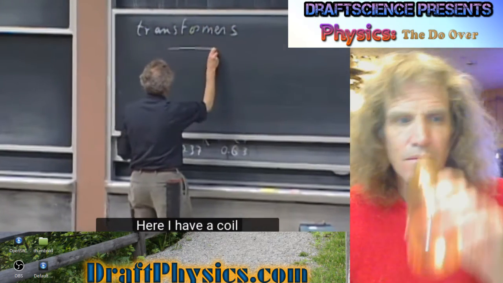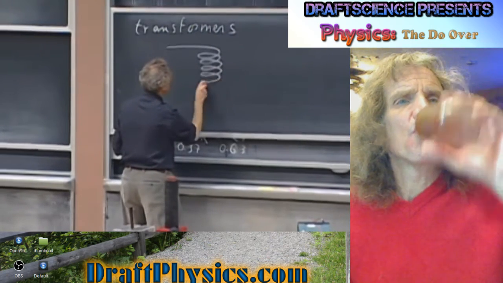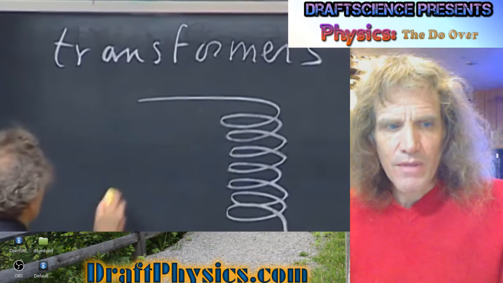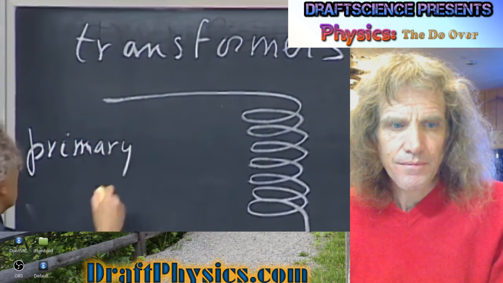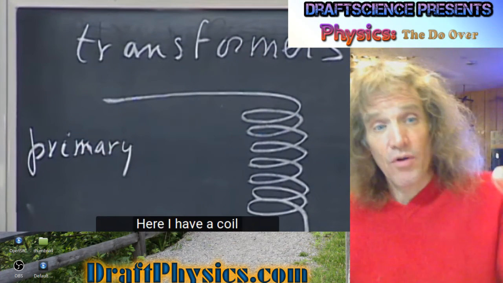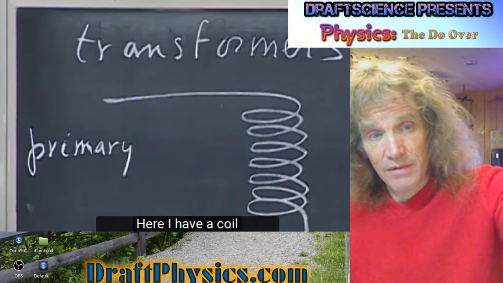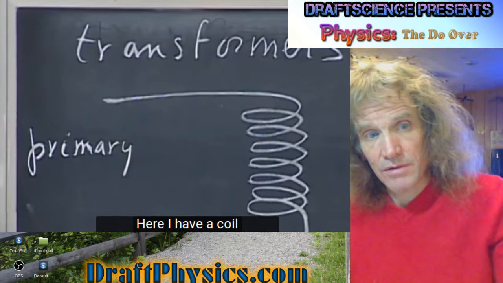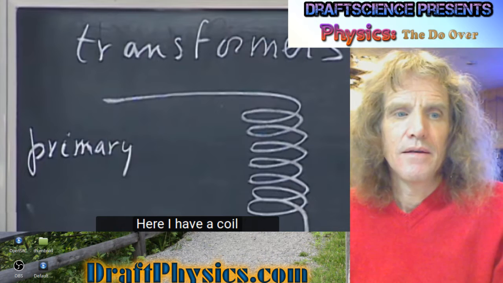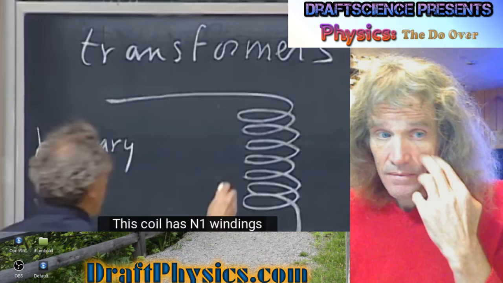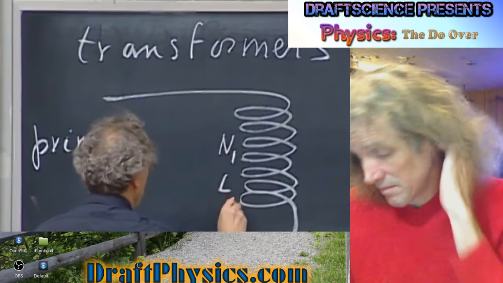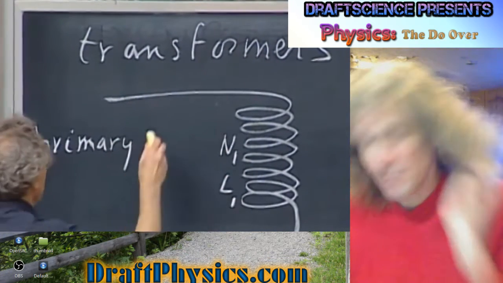Here I have a coil, and I call this coil the primary. The coil's only creating a strong field inside. Outside nothing, inside everything. This coil has N1 windings and has a self-inductance L1.